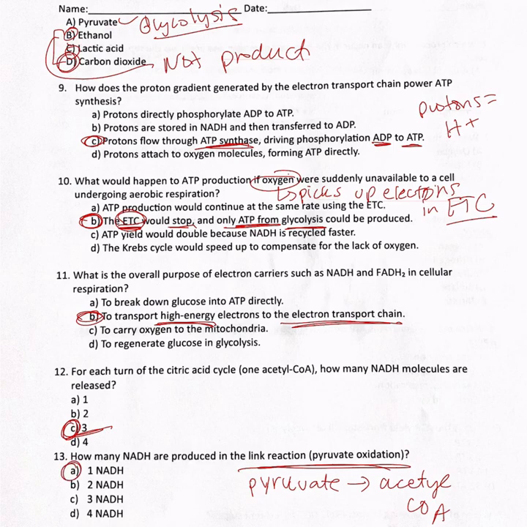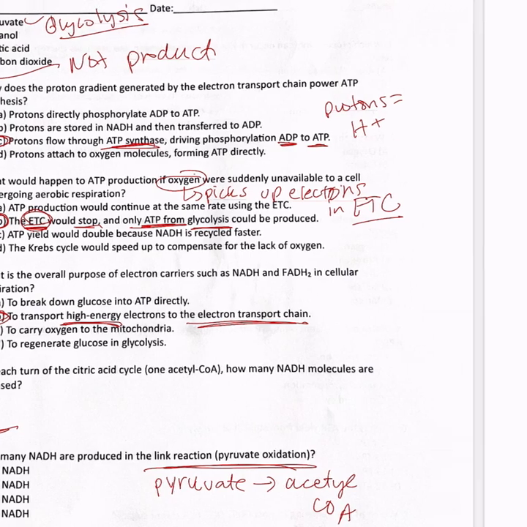Number 14, during glycolysis, how many ATP molecules are produced per glucose molecule in stage 2? I already had a question like this, just in a different way. For every glucose, 4 are produced in stage 2.